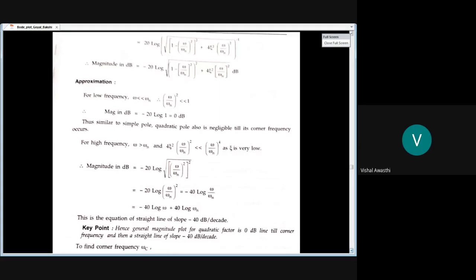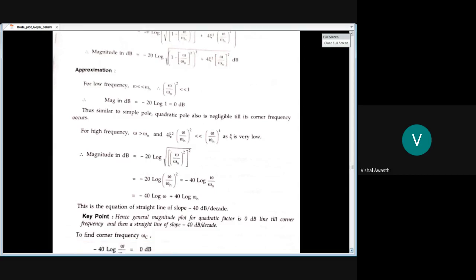If it is simple poles or simple zeros, or poles or zeros at origin, its slope is always minus 20. But as you increase to s square or (1 plus sT) whole square, this is having two poles at origin or simple poles. But when you are having a quadratic factor, its initial slope is always minus 40. So be careful in that.